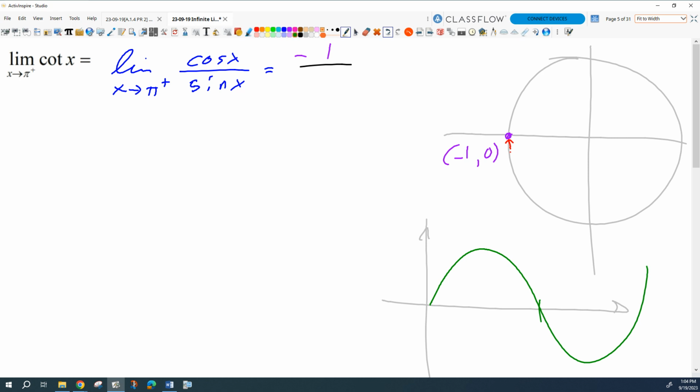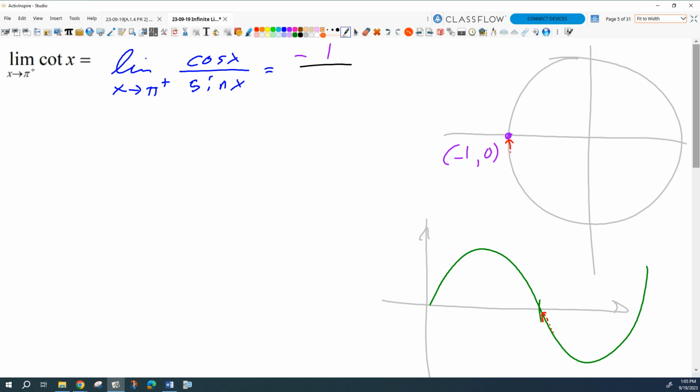So as the ant is approaching pi from the right, the ant is walking along the function this way, towards a y value of 0, but you can see that the ant has a negative value there, doesn't it? So you can see it if you think of a graph, that's fine, but you can also see it on the unit circle, because on the unit circle, the angles are slightly bigger than pi, and so they're in quadrant 3, shrinking back towards pi, right?